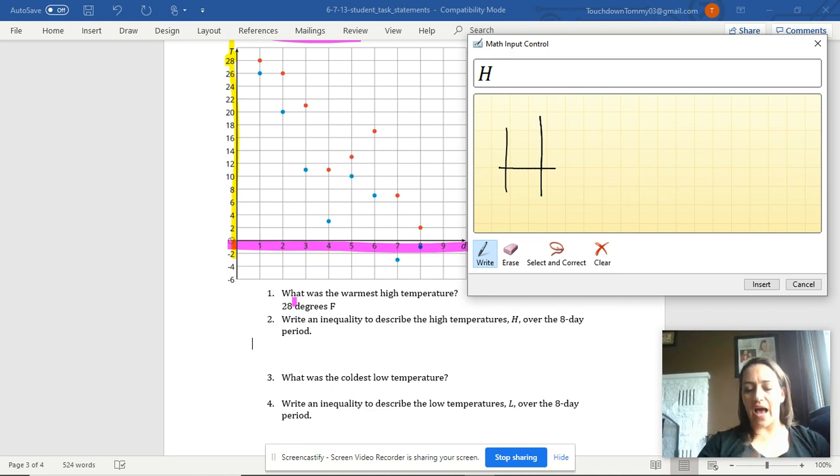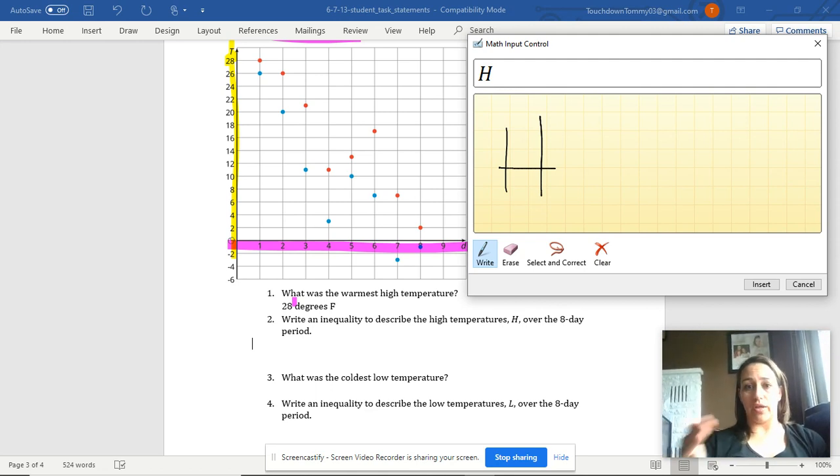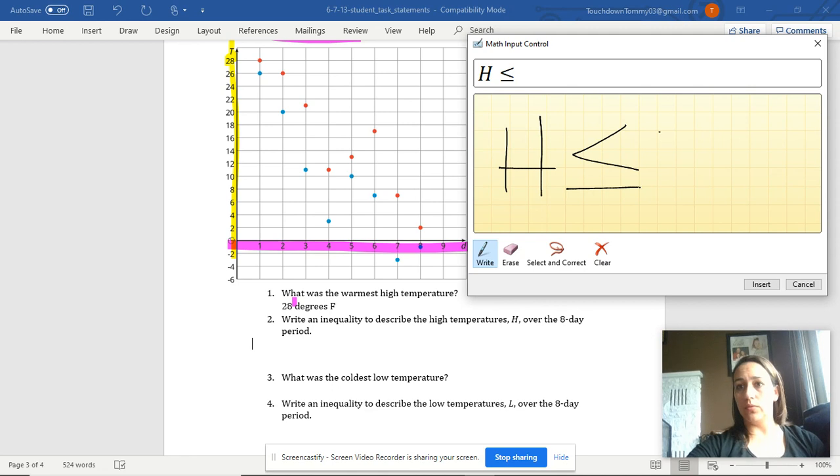And the high temperatures. All right, well, the highest high temperature that we saw was the one we just noticed, which was up here at 28 degrees. So the temperature was always less than or equal to 28.